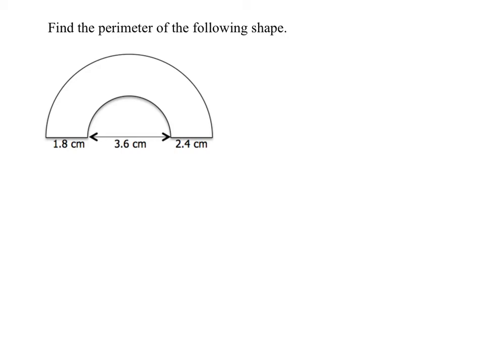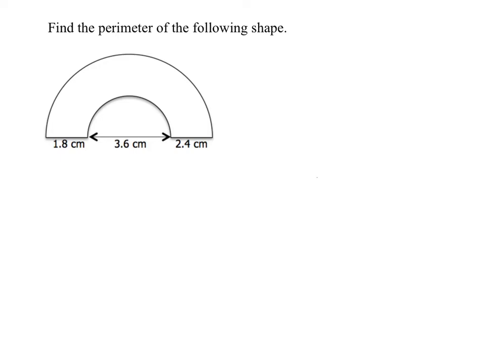In this shape we have not one, but two semicircles, one up here and a second, both of them a different size. To start, I'm going to use the semicircle whose diameter I know, as it's given over here, 3.6, and I'm going to solve for the perimeter of that semicircle.